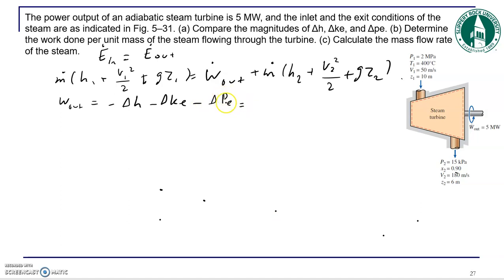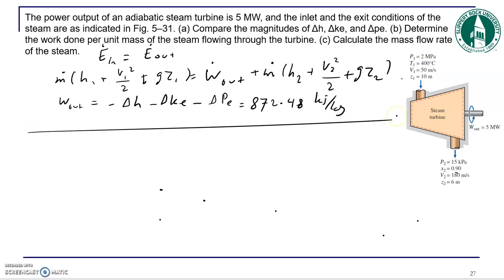So we already calculated these properties in the previous part, so just substitute the numbers from part A, and what you're going to get is 872.48 kilojoule per kilogram.